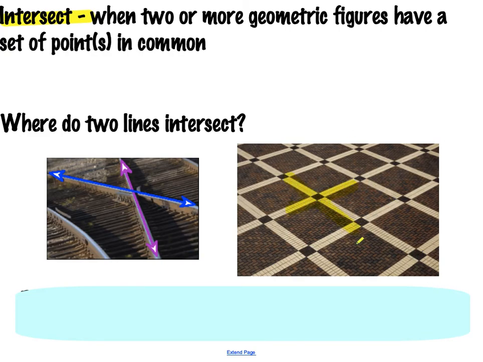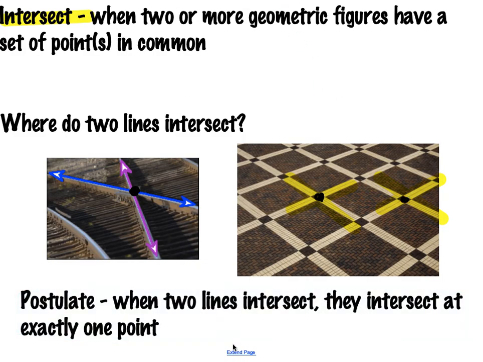If you cross anywhere here, they intersect only at one point they have in common. So we form another postulate: when two lines intersect, they intersect exactly at one point.